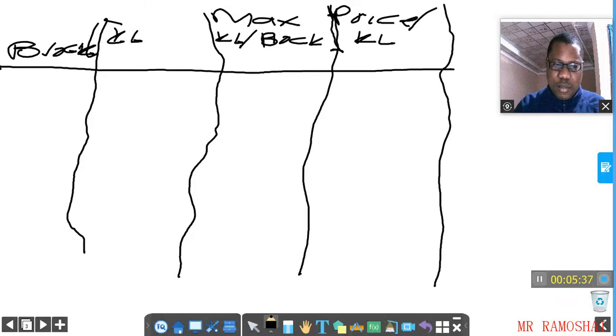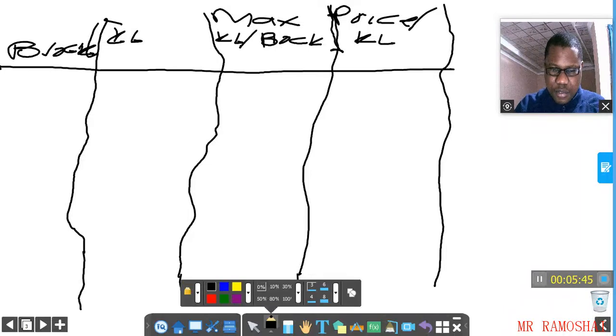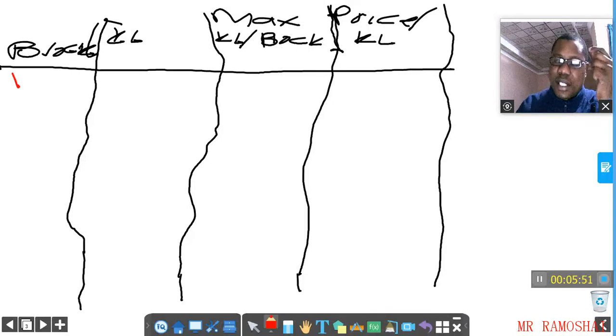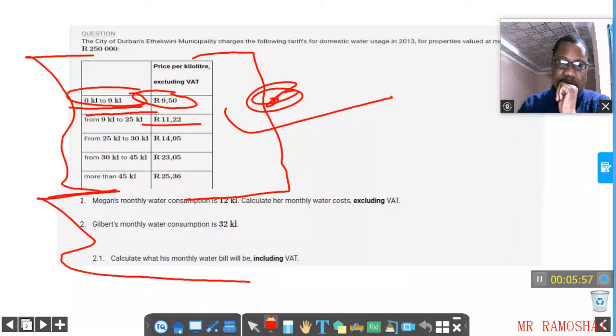Okay, then let me get the red one. Block number 1. Let's look at block number 1. What does block number 1 say, right? When you look at this question paper here, it says 0 kiloliters to 9 kiloliters.